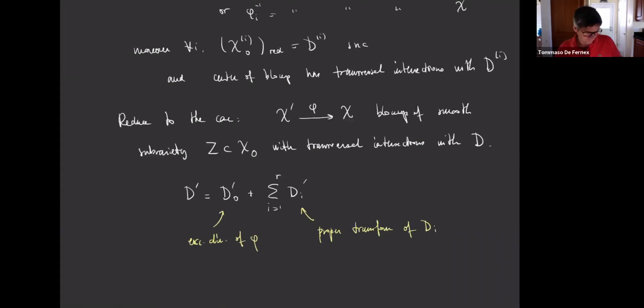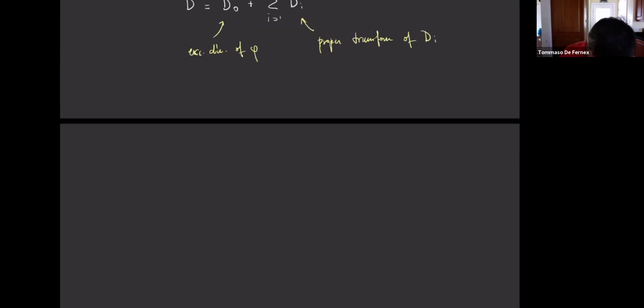So now we just need to check that whatever center we are blowing up, as long as this nice transversal intersection with the boundary divisor holds, will not change the definition of rho. So, okay, using C, we defined some rho map.